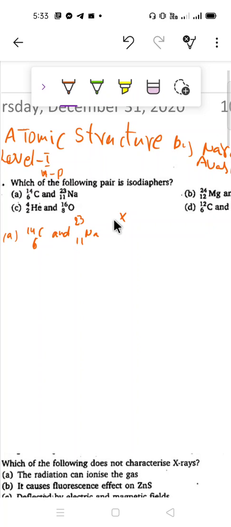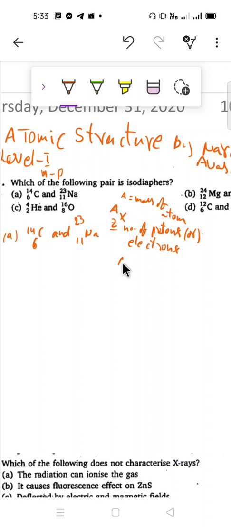X with Z and A: Z means number of protons or electrons, and A means the mass of the atom.